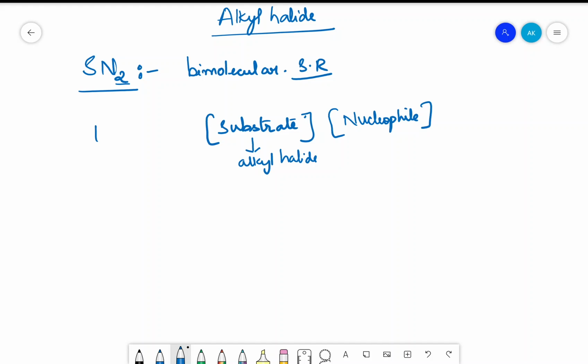So the rate of the reaction is directly proportional to the concentration of the substrate, that is alkyl halide, and the nucleophile.